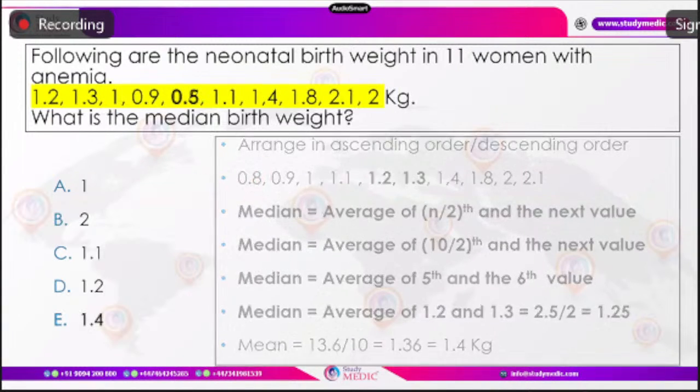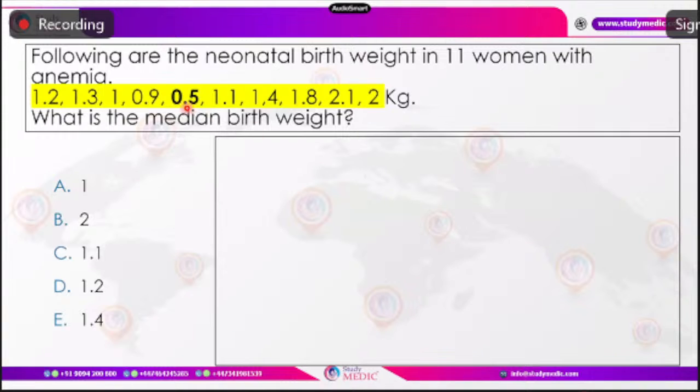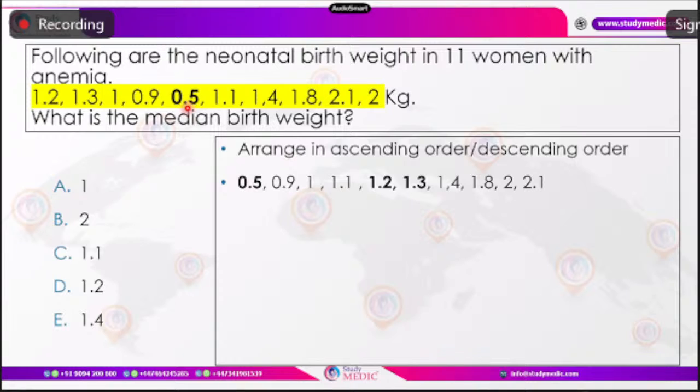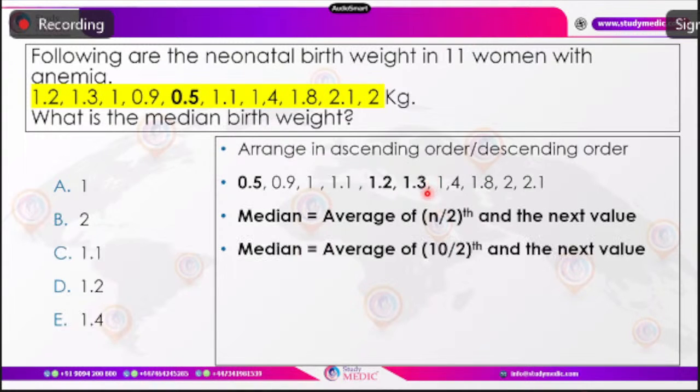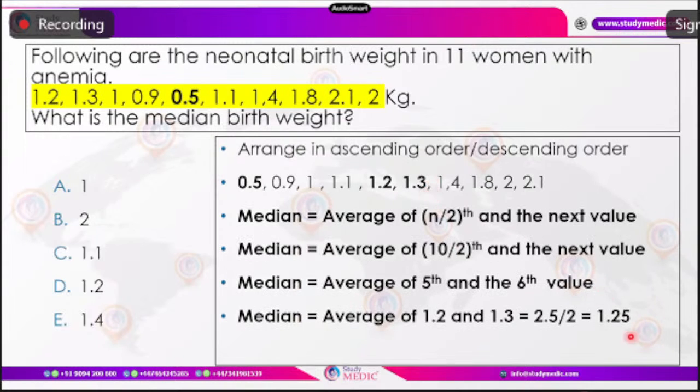Now, instead of 0.8, a 0.5 kg birth weight is recruited in the sample. So what will happen? The median is still the average of 1.2 and 1.3, which is equal to 1.25. So the median is not affected by the extreme outlier here, whereas the mean gets affected. The median still remains the same.